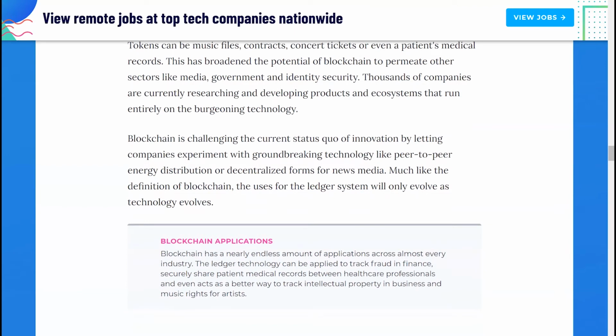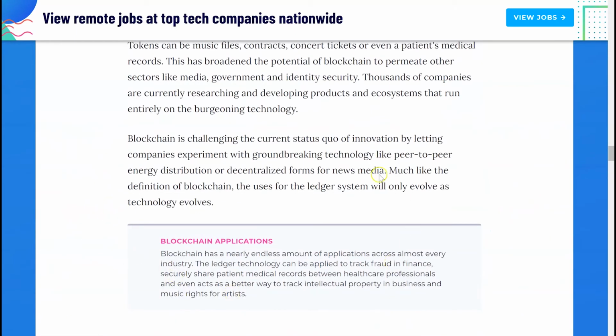Blockchain is challenging the current status quo of innovation by letting companies experiment with groundbreaking technology like peer-to-peer energy distribution or decentralized forms for news media. Much like the definition of blockchain, the uses for the ledger system will only evolve as technology evolves. And yeah, it's going to be great.